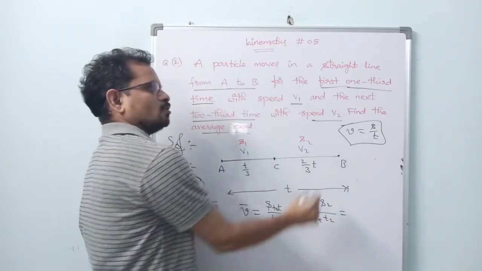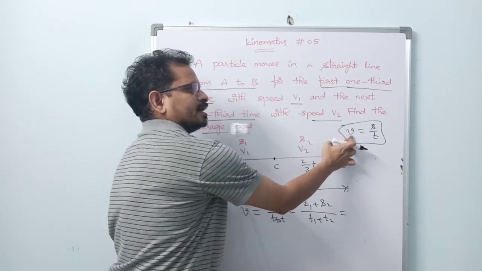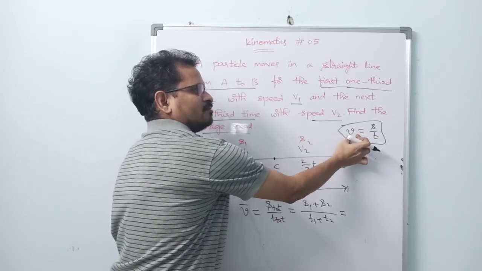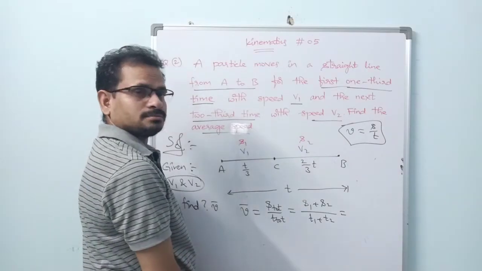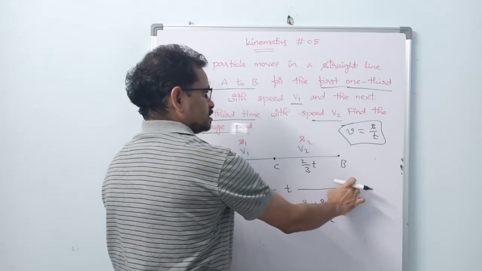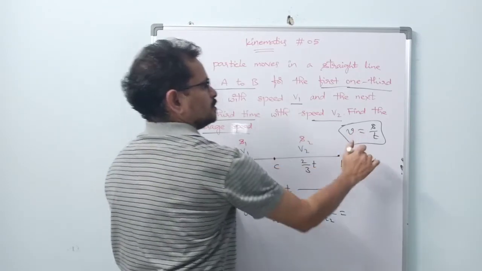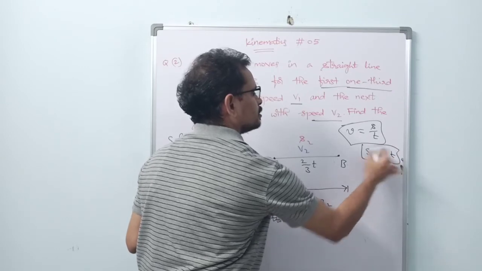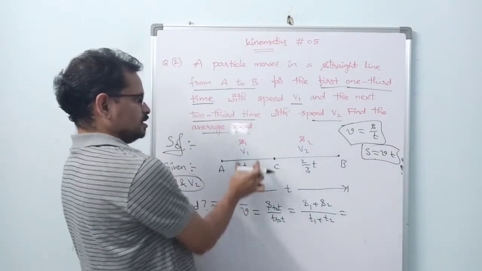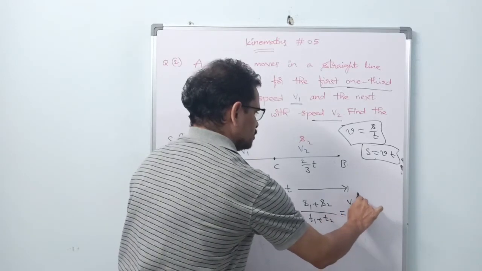When a particle moves with a constant speed v, then v equals distance by time. Got it? So s equals vt. So what is S1? This speed into this time, so v1 into t by 3.